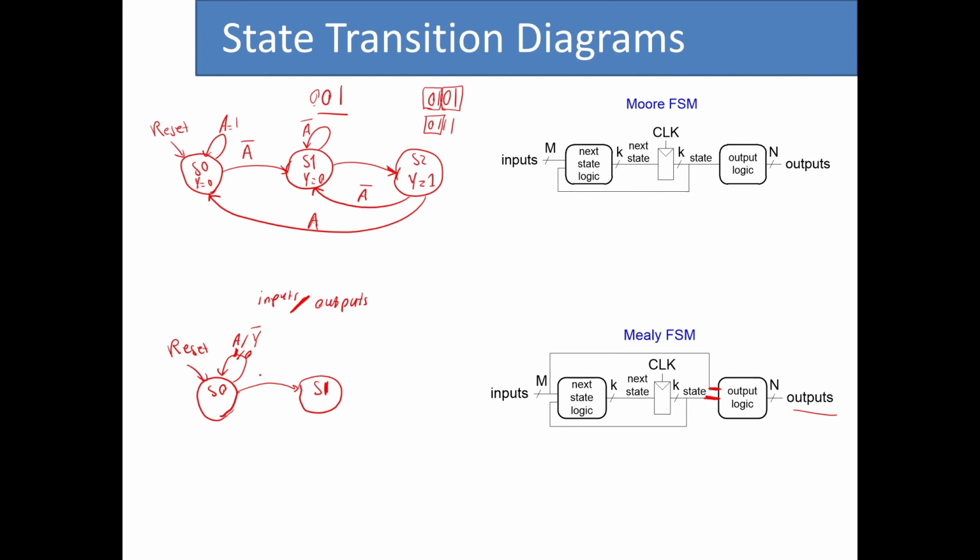Here we have A to be 0, so I can just show it as A bar. As for the output, it is still 0, so I show it with Y bar, or I can just simply show it as 0/0. So these two representations are equivalent.